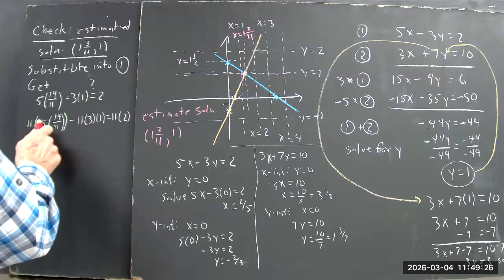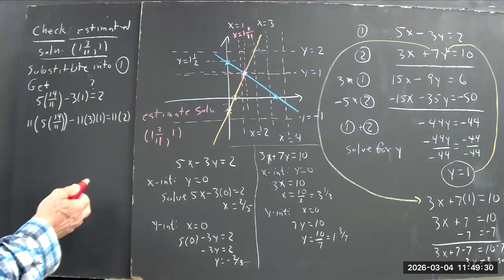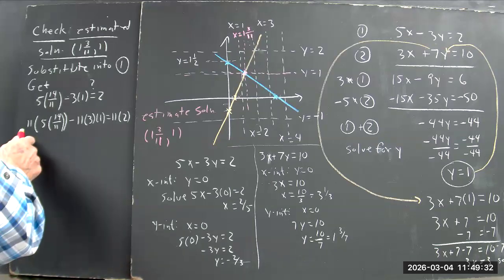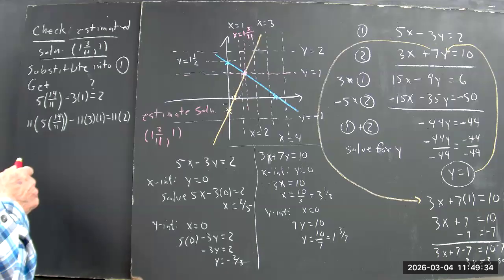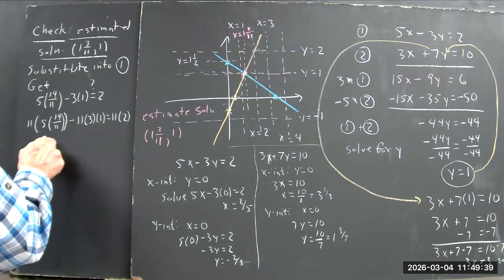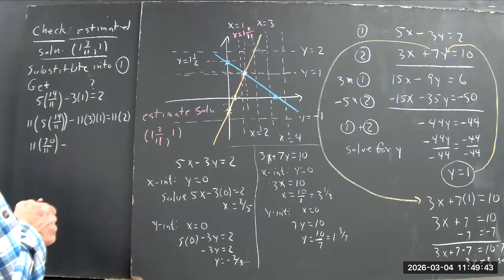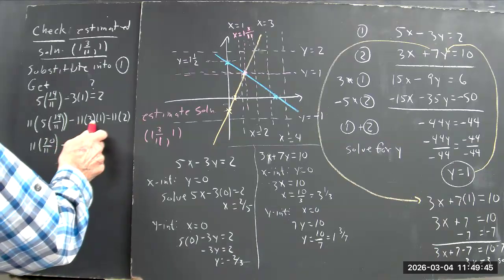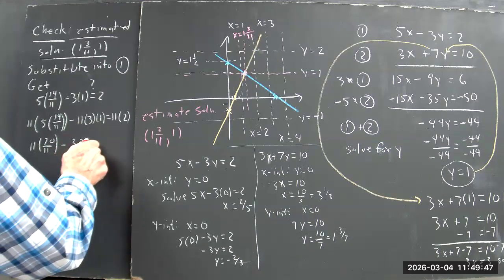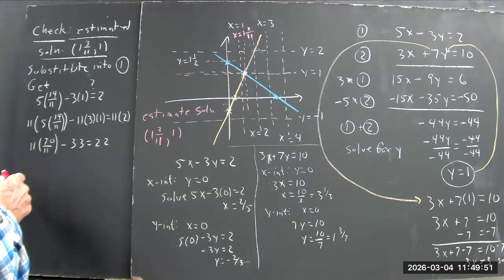Multiplying 5 by 14/11 gives us 70/11. Multiplying that by 11 gives us 70. Well, I'm going to write that out. Okay, it's 11 times 70/11. Then 11 times 3 times 1 is 33. 11 times 2 is 22.